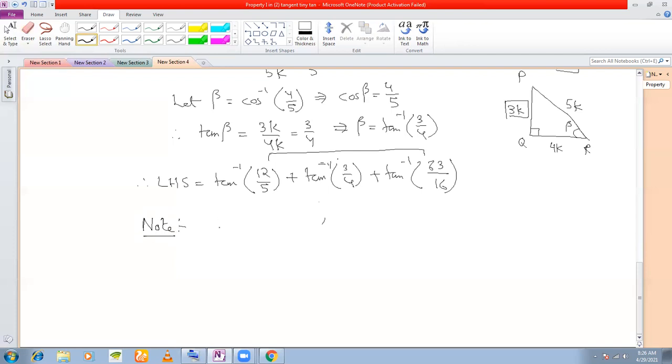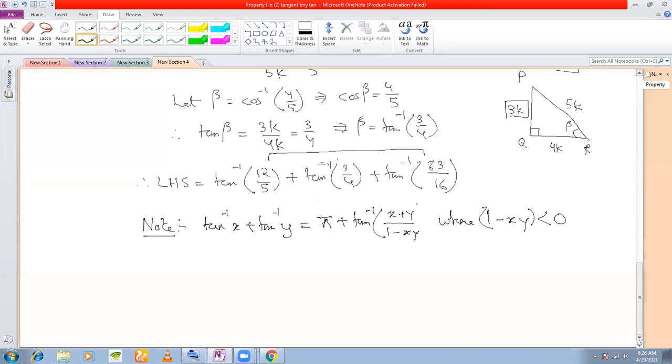What I have not stated is that if you are not getting it, this is not in your syllabus, but you can take a note of this: whenever you're adding up tan inverse x plus tan inverse y, where 1 minus xy is less than 0, just as we are getting here in this case, then the formula is actually pi plus tan inverse of x plus y by 1 minus xy.